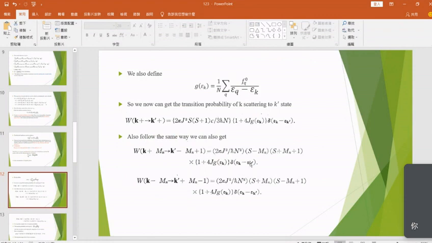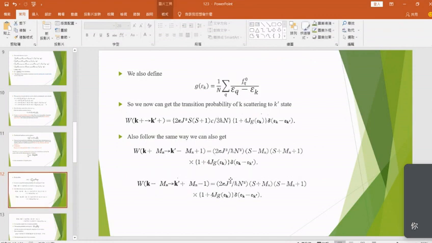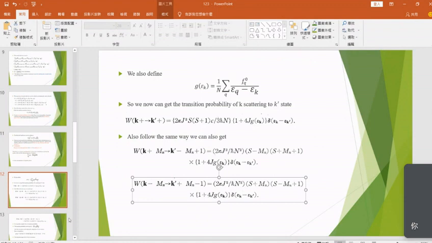It looks like this term, and this term is from K minus to K plus, so the Z component projection of the impurity spin will decrease by 1, and they involve the G of epsilon K function and this J parameter.